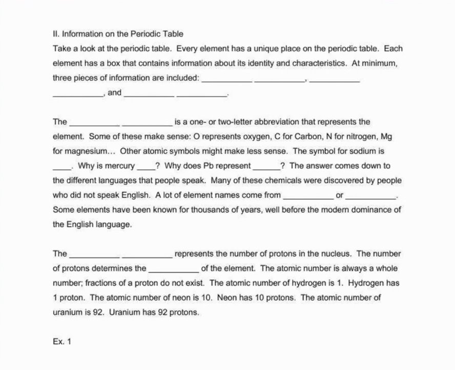Take a look at the periodic table. Every element has a unique place on the periodic table. Each element has a box, and it contains information about its identity and its characteristics.